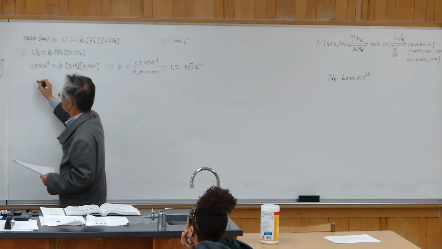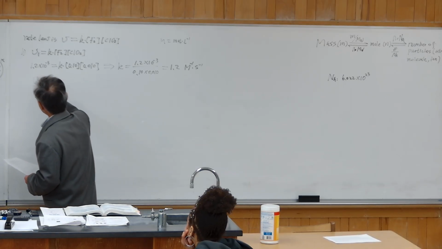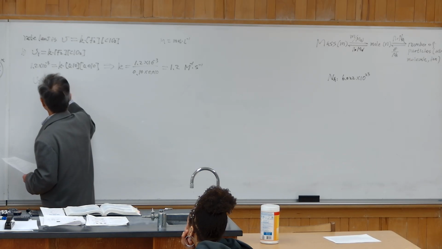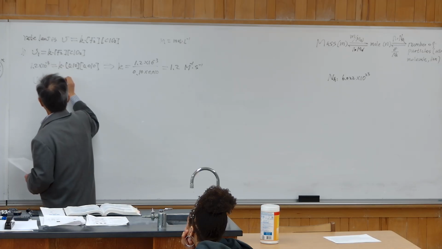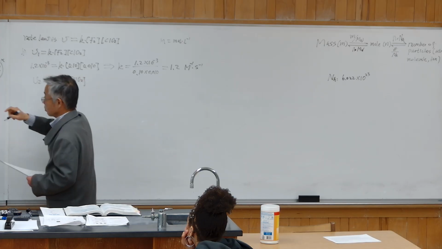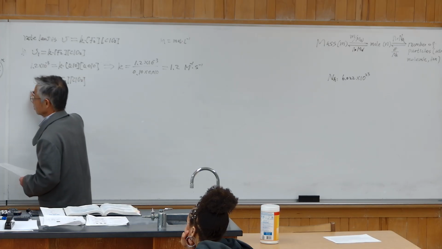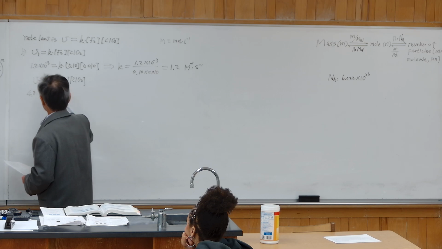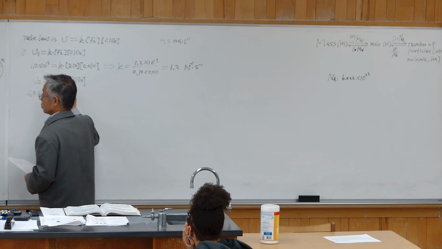Okay. If we choose experiment 2, then similarly, still this rate law. Just plug in the experiment 2's data. So V2 is 4.8 times 10 to the negative third. k times F2 is 0.1.